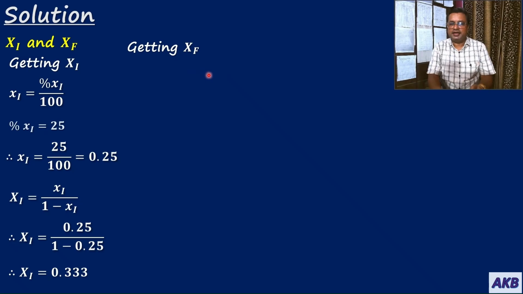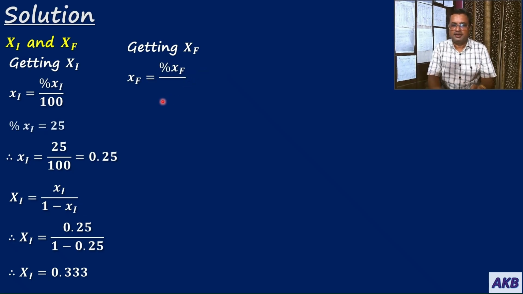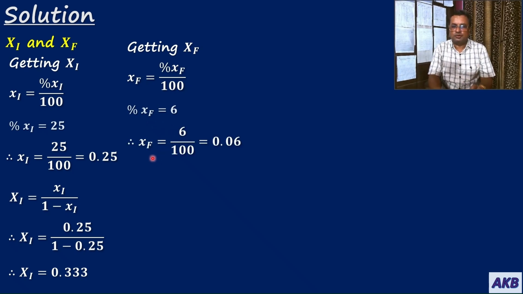Then let us get capital Xf. For that, percentage small xf is given to us. So percentage small xf will be converted to fraction by dividing with 100. So therefore, small xf is percentage small xf divided by 100. Percentage small xf is 6. So therefore, small xf is 6 upon 100, which is 0.06.